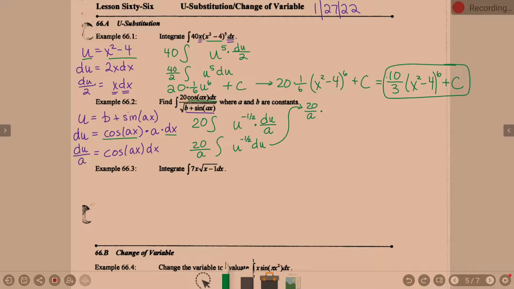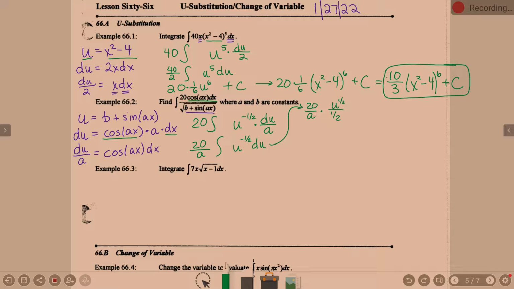Because I'll be honest, in my notes I have it written as u to the 1/2 divided by 1/2. That's kind of taking us back to how we first learned it. Yes, I agree. The better way to write that is 2u to the 1/2, right? Because dividing by 1 over 2 is multiplying by 2 over 1.